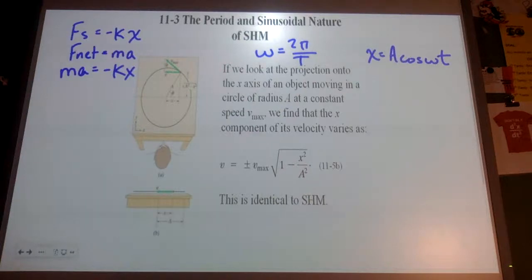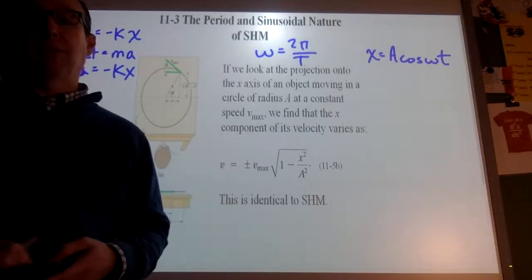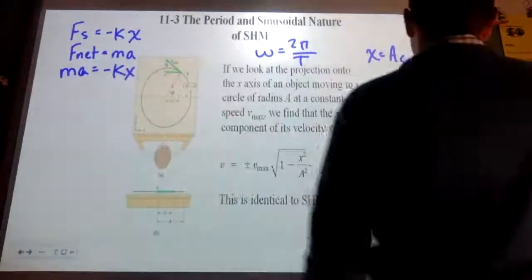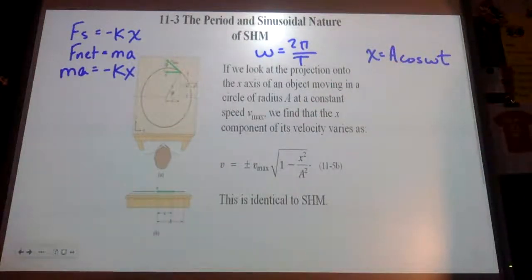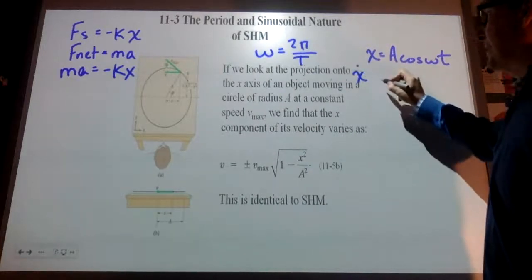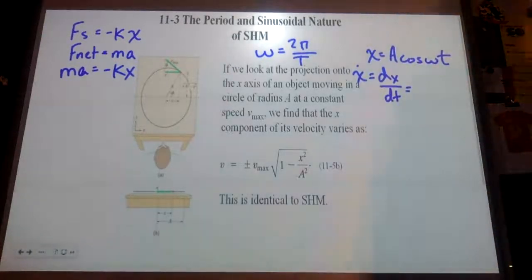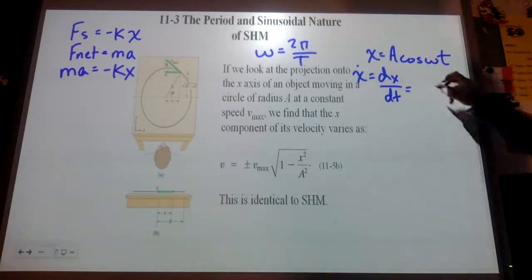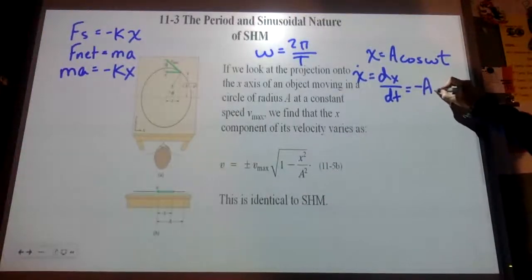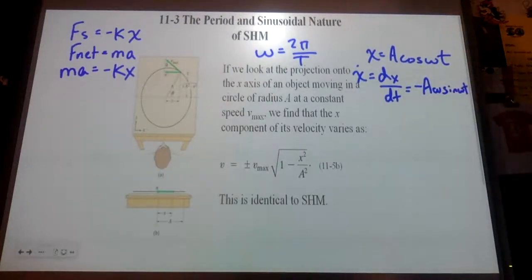So what's our relationship between acceleration and position? It turns out that acceleration is the second derivative of position with respect to time. So I'm going to take the first derivative of this, and we can call this either x dot or dx/dt, and this would be equal to negative A omega sine of omega t.